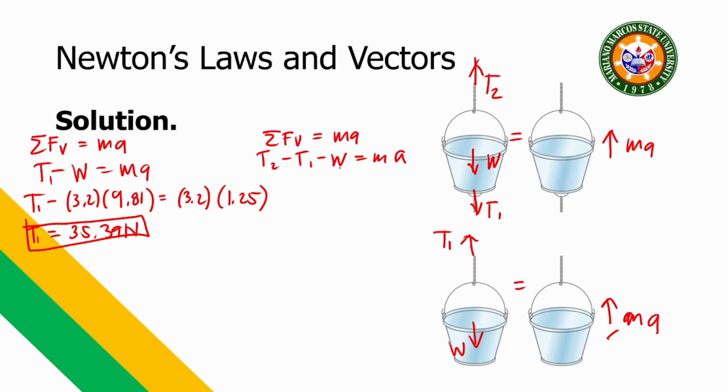So, mass multiplied by the acceleration. If we try to substitute, given na nakuha na natin yung T1 and then we know the mass of the object and the acceleration, also we know gravity. Ang kulang na lang dito is T2.